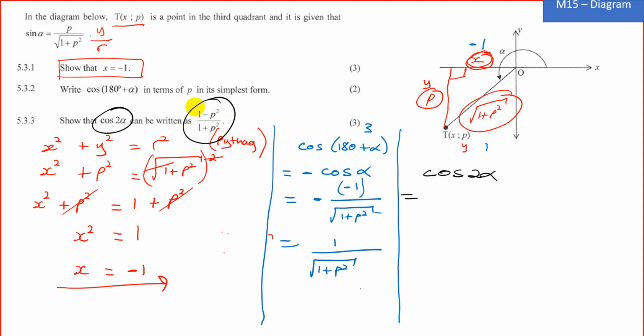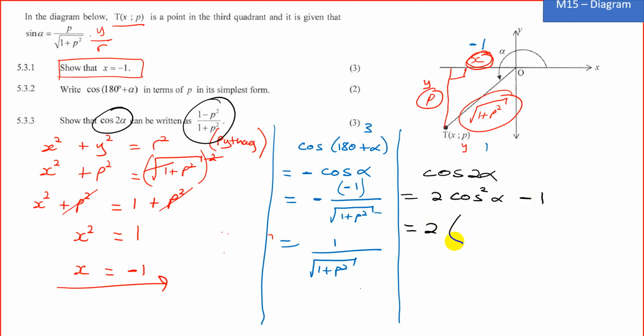And I'm sure lots of you are screaming, this is a double angle. So if it is a double angle, we can use the double angle formula. And we have lots of choices, okay? I'm going to take the easiest one, so that we don't have two trig ratios, which is 2 cos squared alpha minus 1.